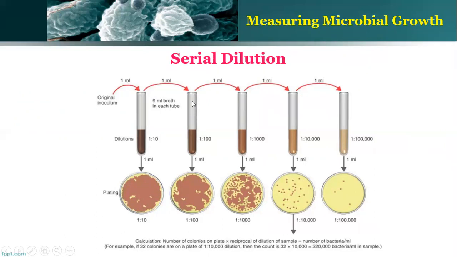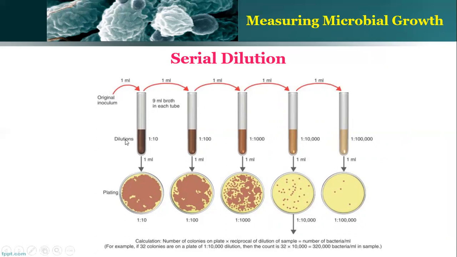Likewise, from second tube to third, third to fourth, fourth to fifth, and from the last tube discard 1 ml. As the original inoculum is diluted from the first tube to the last fifth tube, the number of organisms present in the medium is reduced serially. That is the serial dilution process.